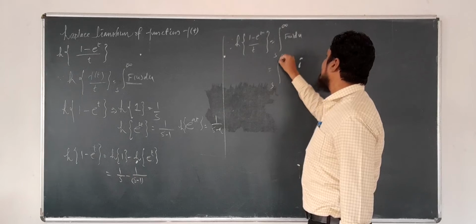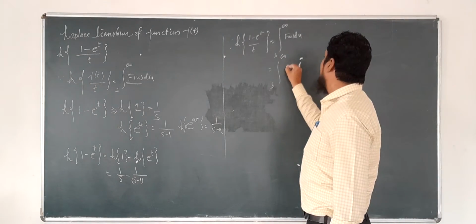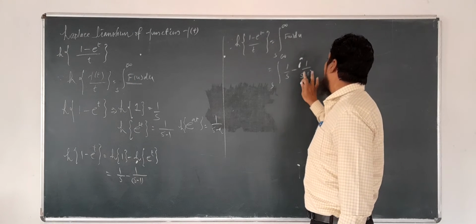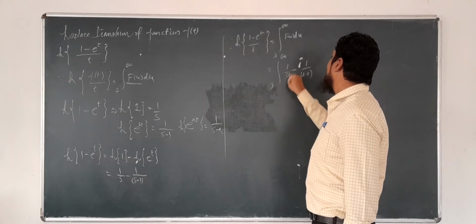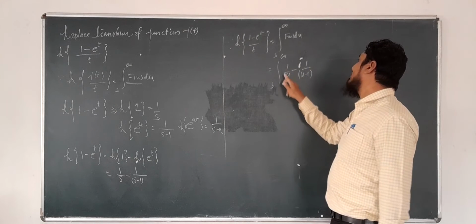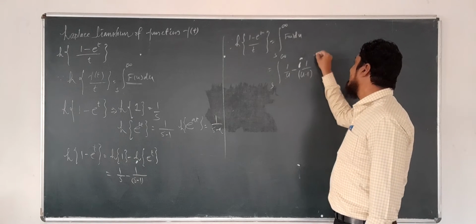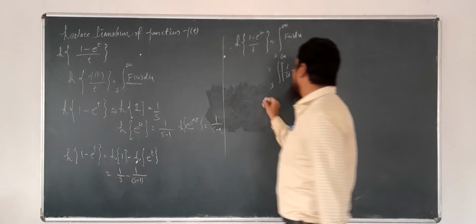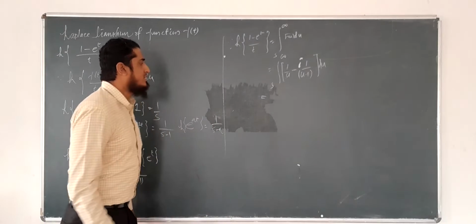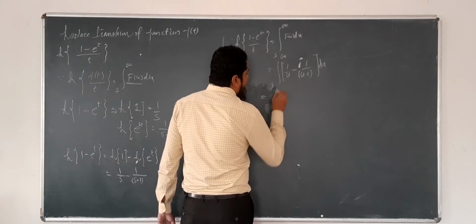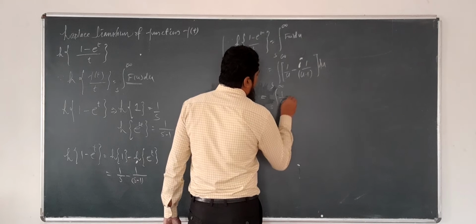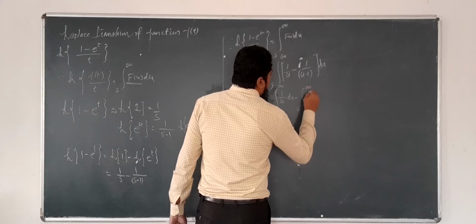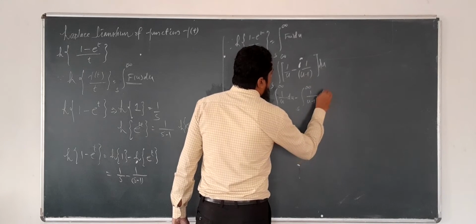So we can write it as integration from s to infinity of 1 upon u du minus integration from s to infinity of 1 upon u minus 1 du.